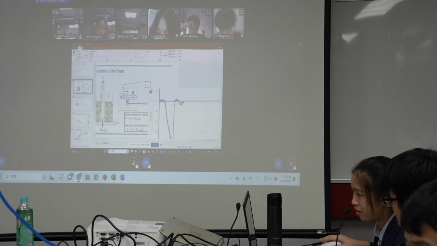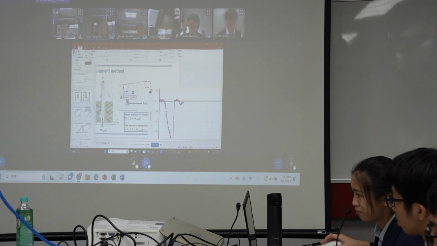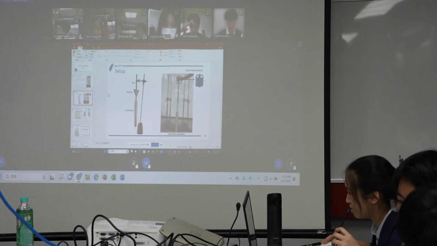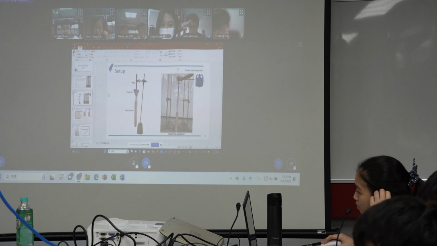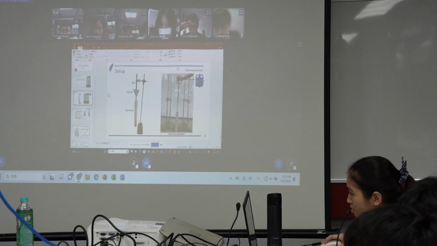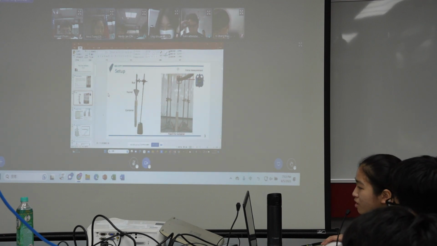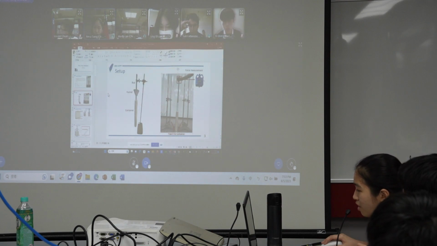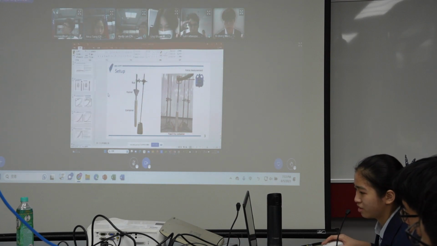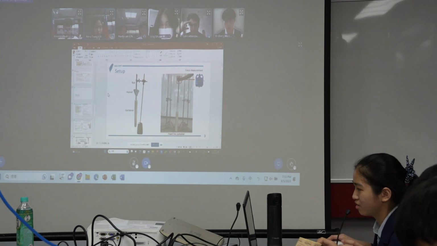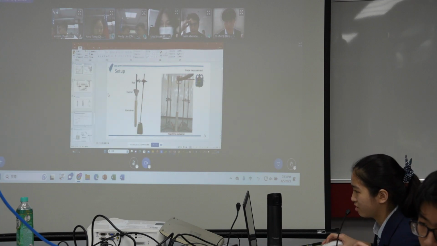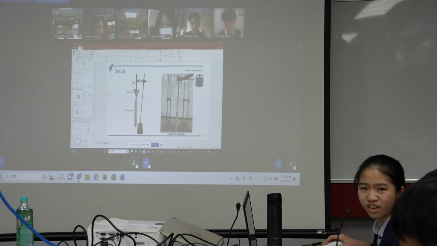For our force measurement, we use a line to connect the rod and the force measurement. So the force will give a downward direction, but the sign doesn't relate to that. So it is negatively mounted.